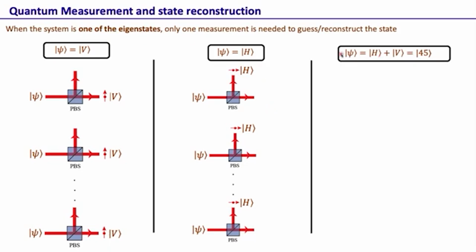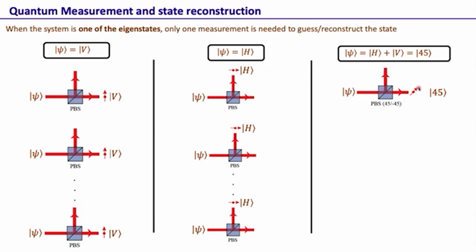In fact, the eigenket can be in any basis. For example, here the eigenket can be in the 45-degree basis. If we know the system is 45-degree polarized, then in this case we can bring in a measurement device in the 45, minus 45 basis. When the photon comes in, it will go this way because that way is 45-degree polarized, and this way would be minus 45-degree polarized.